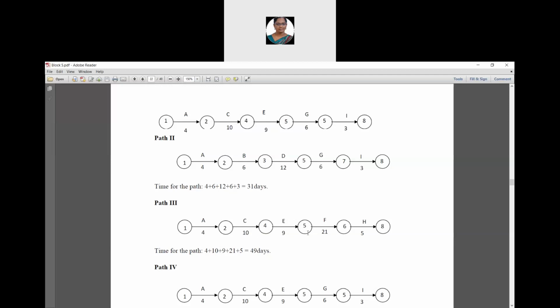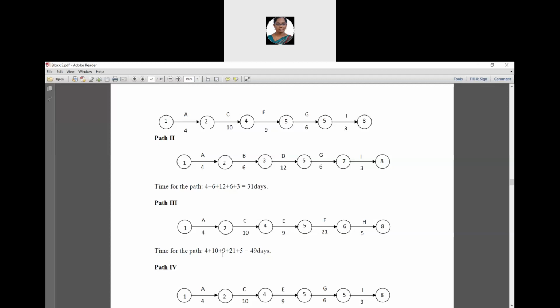Then 4 to 5 has an activity E and its time duration is 9. Then 5 to 6 has an activity F and its time duration is 21. Then 6 to 8 has an activity H and its time duration is 5.